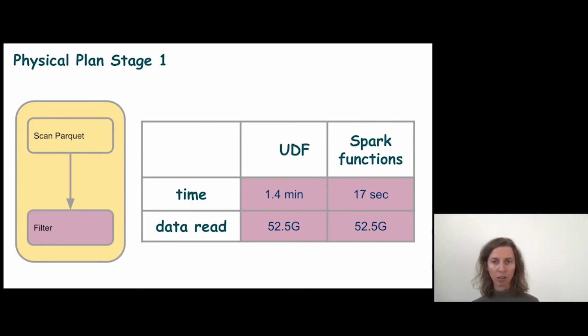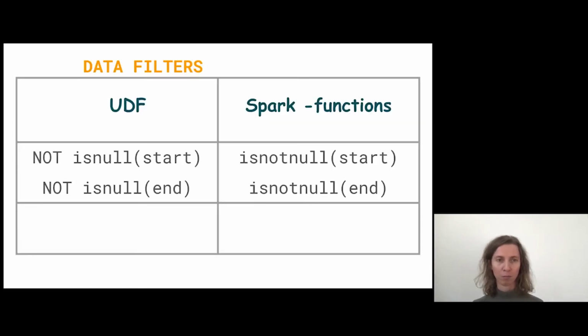We see that the processing time of Spark functions is much more efficient than that of UDFs. As we said, the optimization happens in memory. Taking a look at the data filters part of the physical plans, we find the standard not null filters that Spark adds.